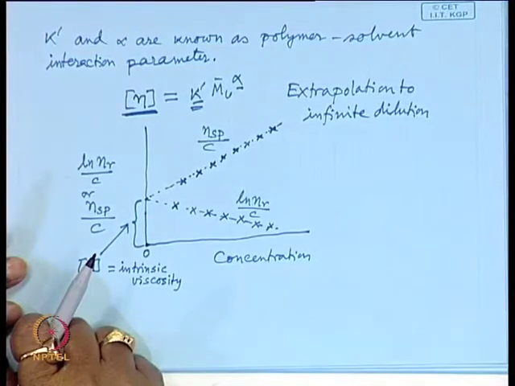Why is this necessary, extrapolation to infinite dilution? You have to have a concept again. Yes, you are right, to attain the ideal situation. Ideal situation means you have dissolved a certain quantity of polymer in a solvent. There will be interaction between polymer and solvent as well as polymer and polymer.